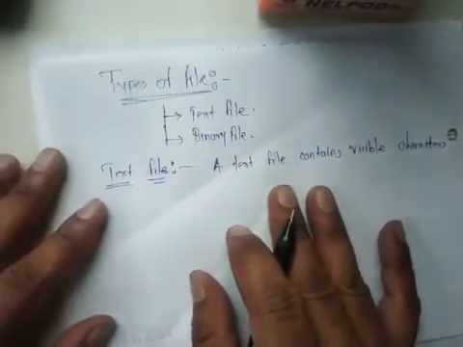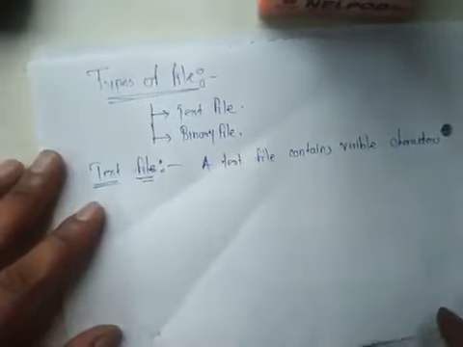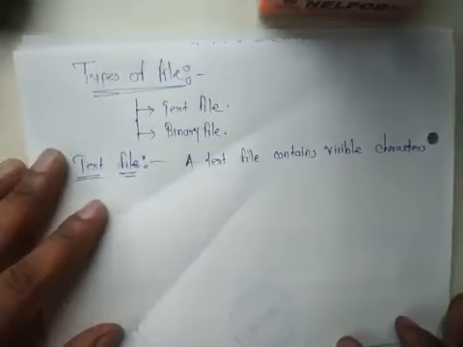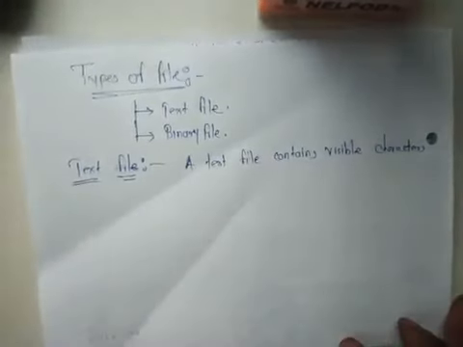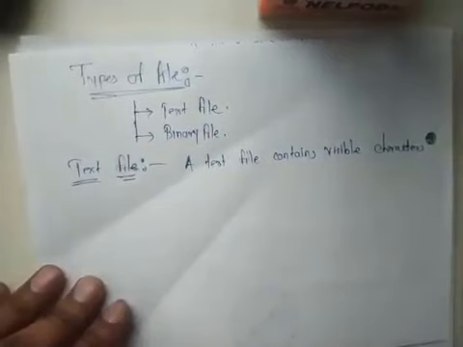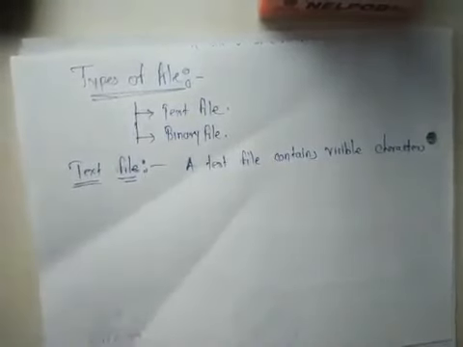We can see the contents of the file on a monitor, take its printout, or edit it using any text editor. So basically, a text file contains visible characters.